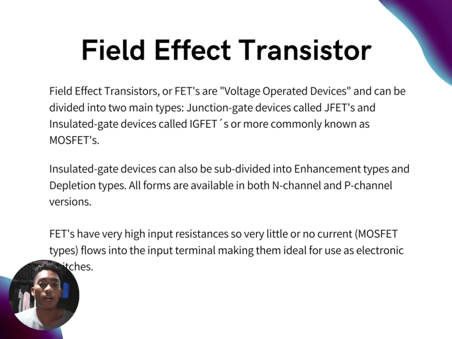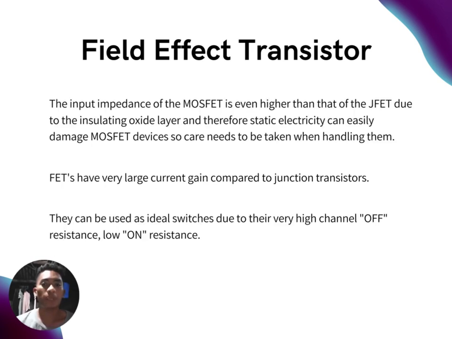FETs have a very high input resistance, so little or no current flows in the input terminal, making them ideal for use as electronic switches. The input impedance of a MOSFET is even higher than the JFET due to the insulating oxide layer, and therefore static electricity can damage MOSFET devices, so care needs to be taken when handling them.